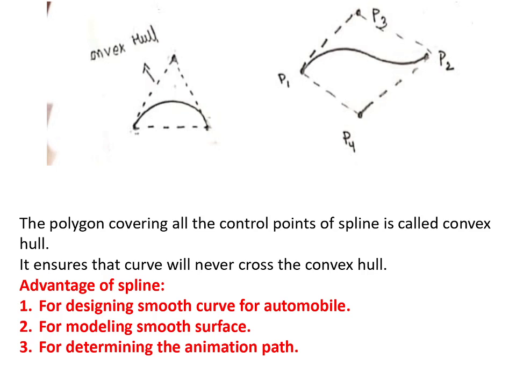In early ages, carpenters also used spline curves for smoothing the edges or surfaces. Another advantage of the spline curve is for determining the animation path. Nowadays, in the animation industry, on the basis of computer graphics, the animation path is designed on the basis of spline curves.